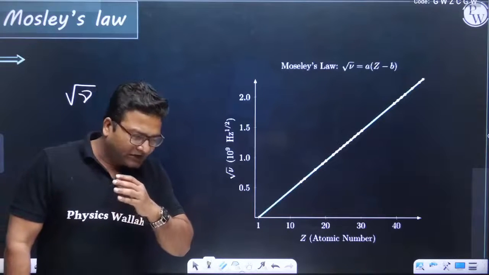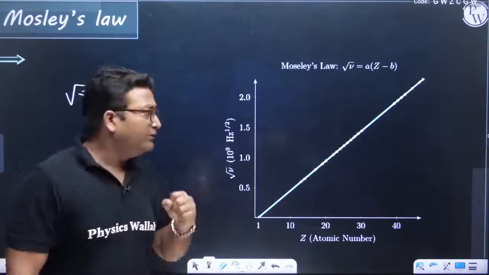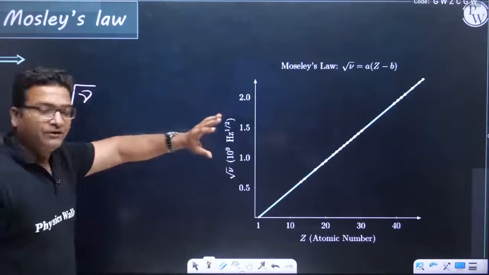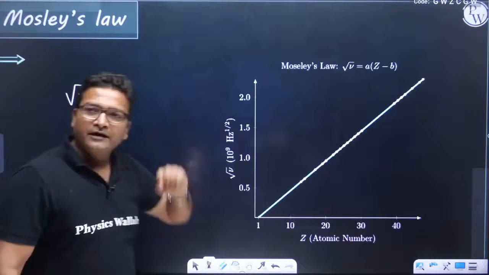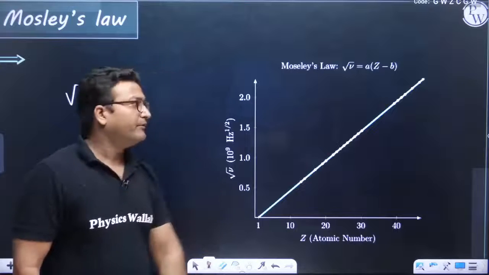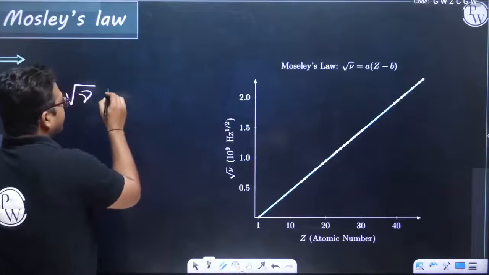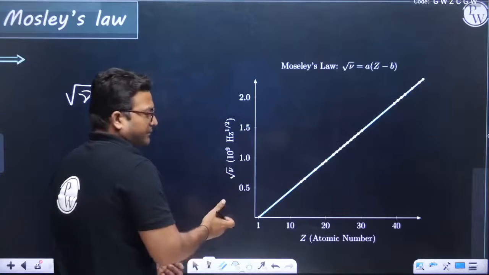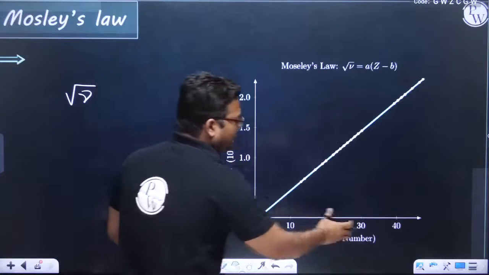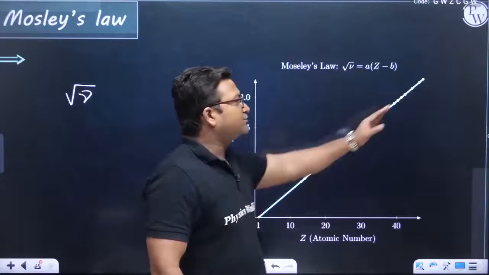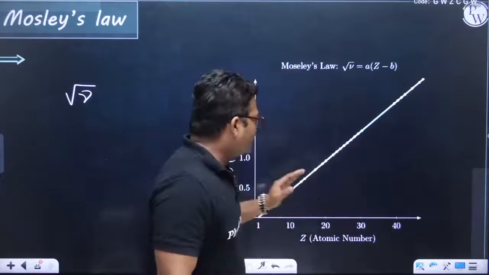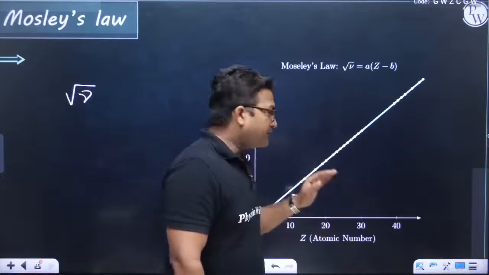You repeat the experiment with many metals and you see a linear relationship between the square root of frequency and the atomic number of the metal. So the relationship is linear, and if you join all these points, the graph is linear.